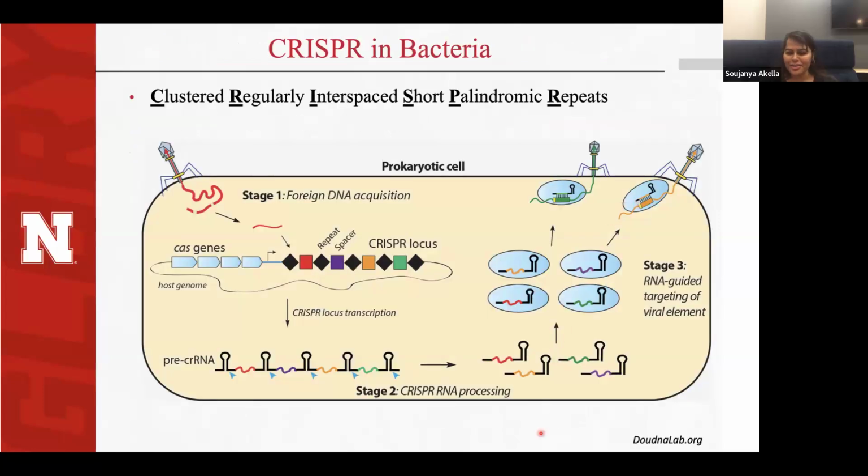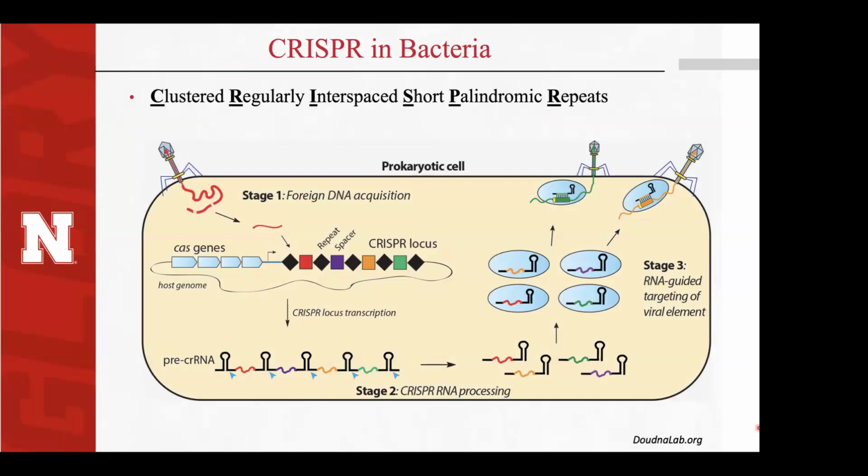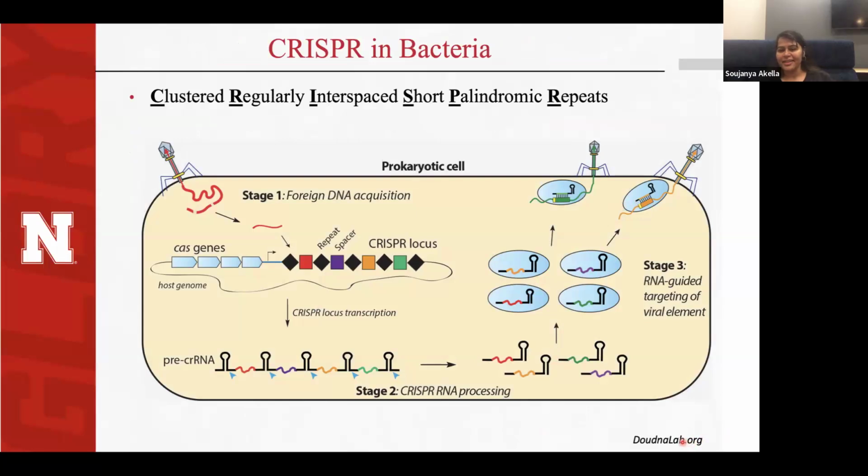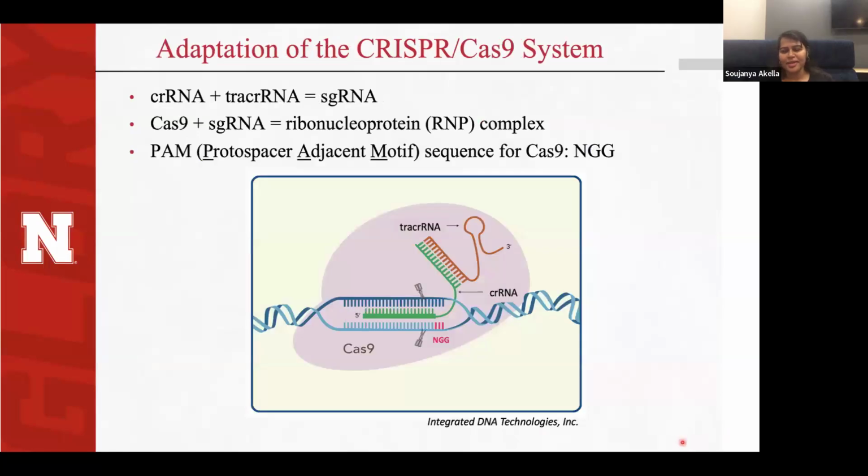Also, I took this picture from Jennifer Doudna's lab's website, and I'm sure you guys have heard by this point, but Jennifer Doudna and Emmanuel Charpentier were the two scientists. Doudna is from Berkeley, and I'm not sure which university, but Emmanuel Charpentier is a French scientist.